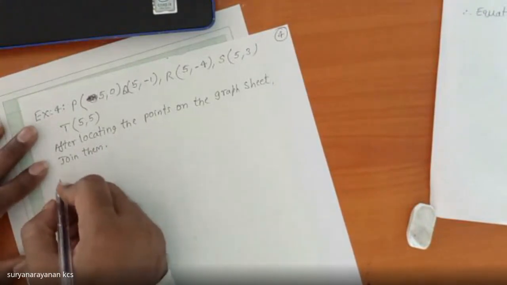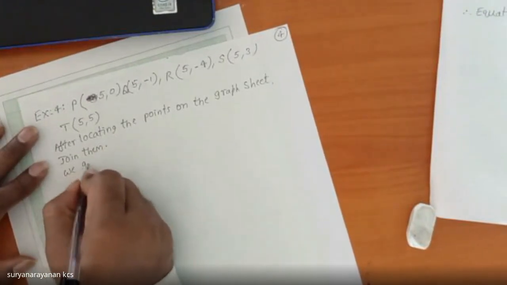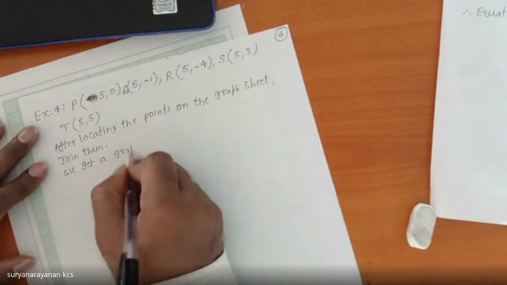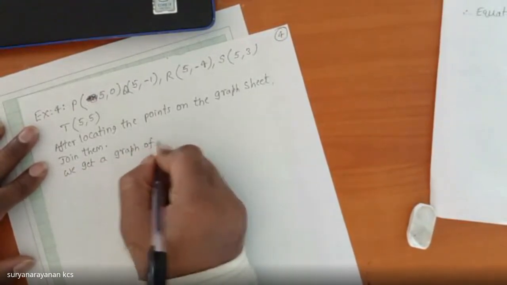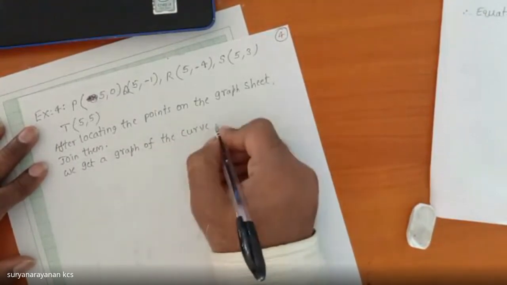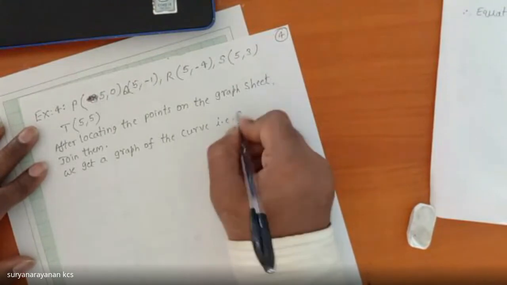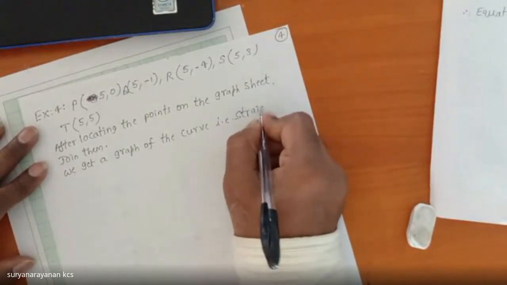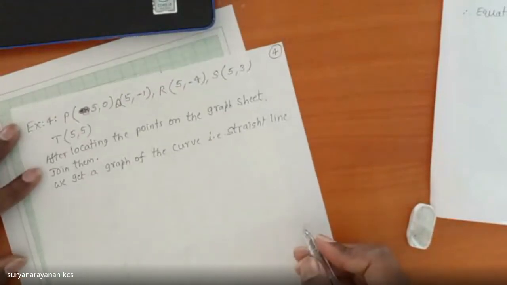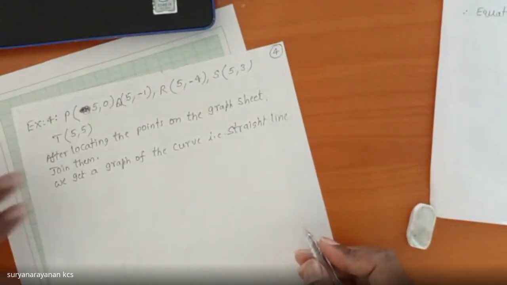We get a graph, that is a straight line. That graph is nothing but a straight line.